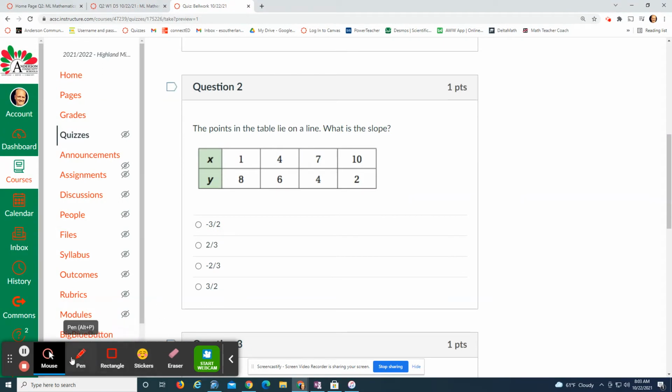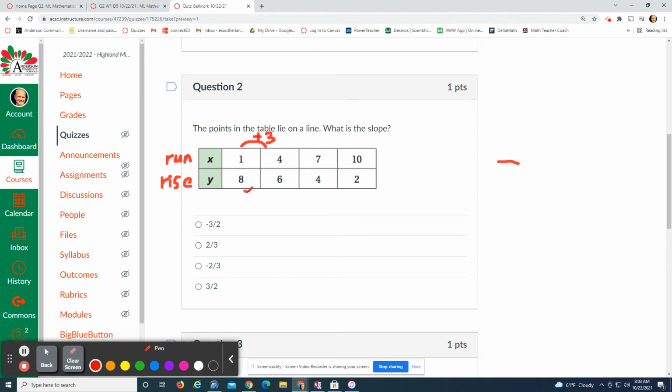So now you'll notice that this one's multiple choice. Again, it's the same thing. This is the rise. This is the run. Tables are always listed X on top, Y on bottom. And you got to flip them over for the slope. So what do I got to do to 1 to get to 4? Add 3.